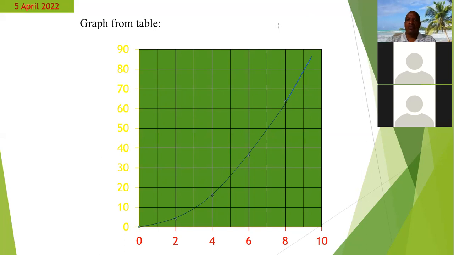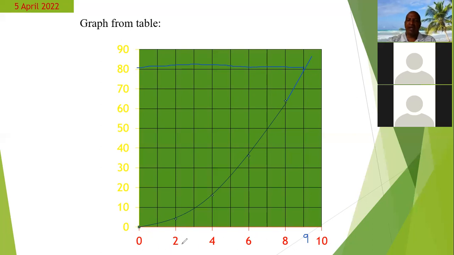And so, using it this way, 9 should correspond to 81. All right. Because we notice that all of these x values, when you square them, you get the y values.